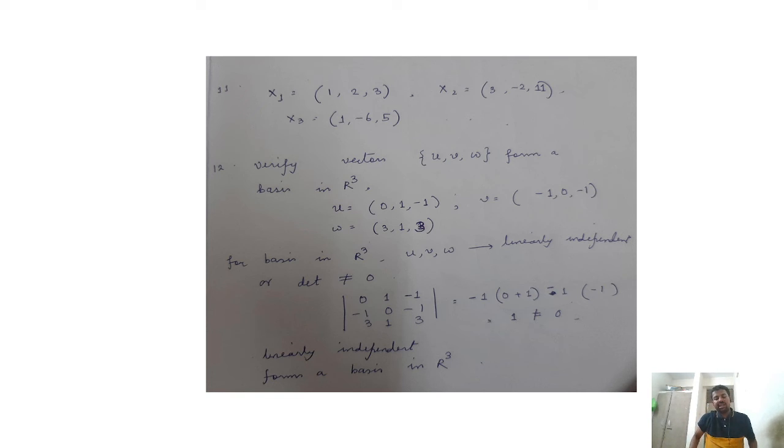I know that all of you know how to find a determinant. What you get is 1, which is not equal to 0, and so the vectors are linearly independent, and thus they form a basis.